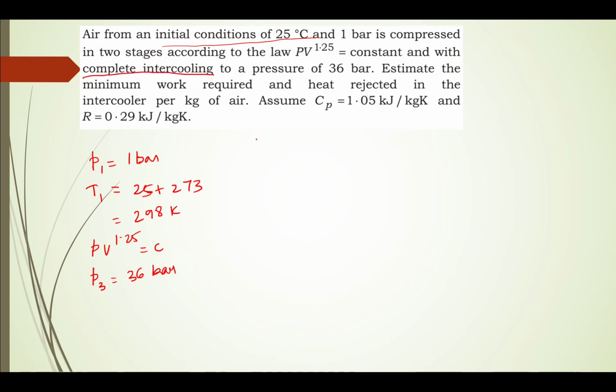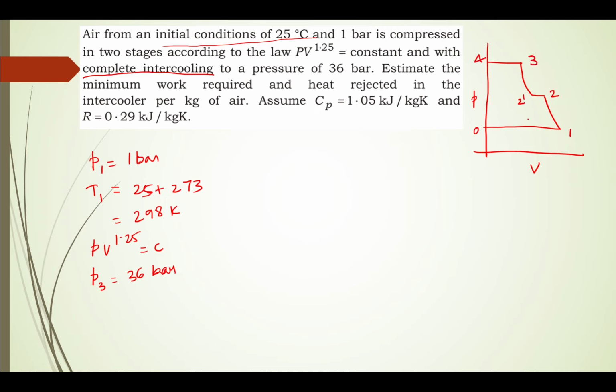Here complete intercooling means perfect intercooling. If you draw the PV diagram, this is the suction stroke, compression in first stage, intercooling, then compression again, and delivery: 0, 1, 2, 2 dash, 3, 4.